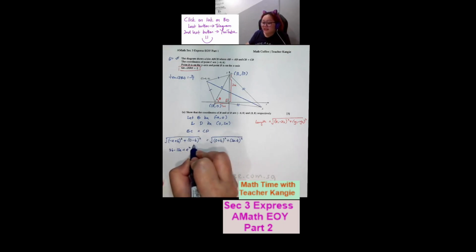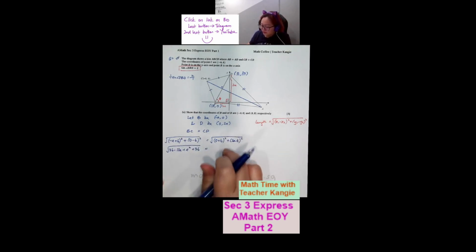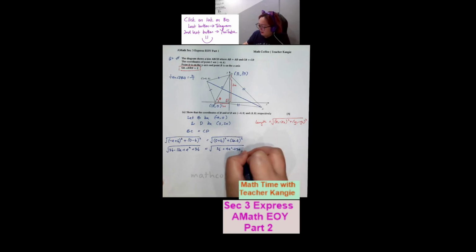This one is just negative 6 to the power of 2, which is just 36. So just put plus 36 and then put the square root. This side, this one will be 36. This one will be 4a squared minus 24a plus 36.